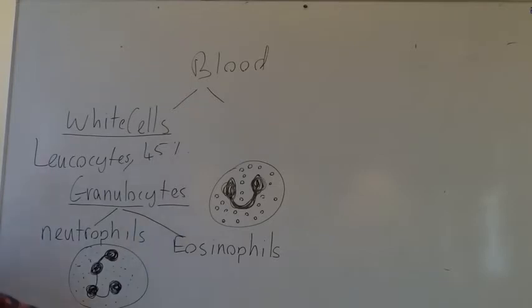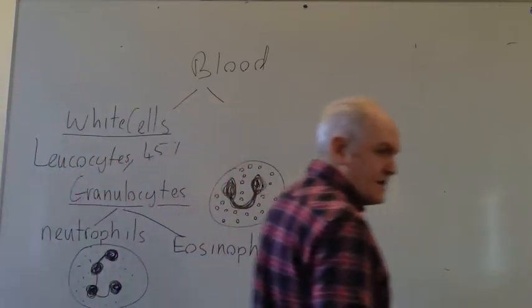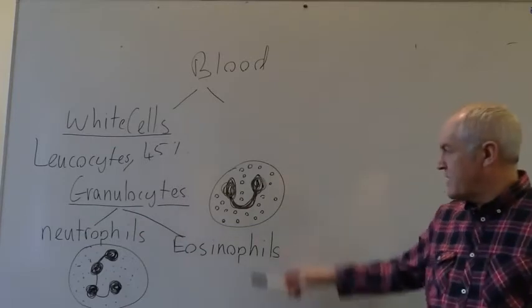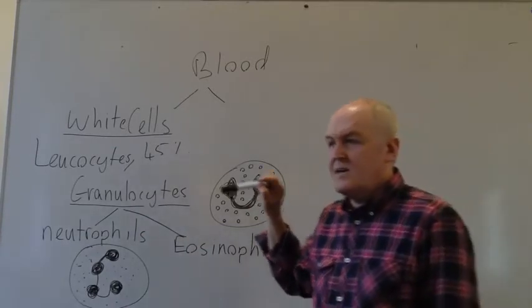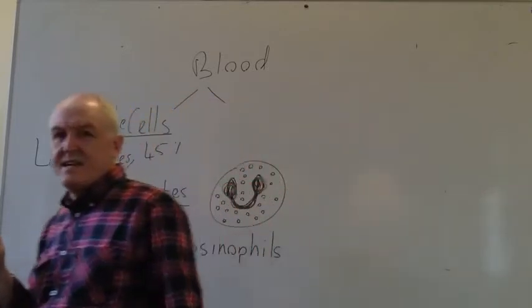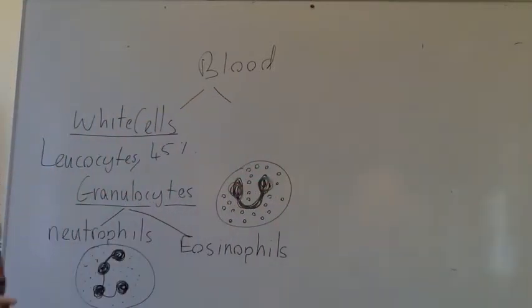Now the granules in the neutrophil contain chemicals to attack bacteria. And the granules in the eosinophils particularly attack parasitic infections. So these attack parasitic infections.